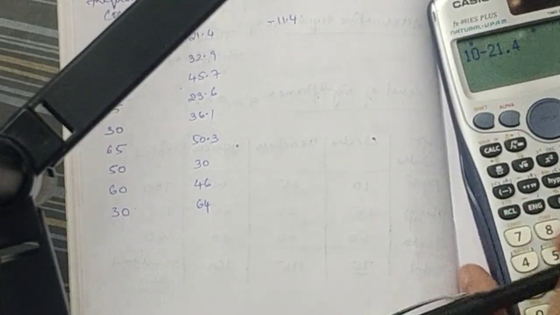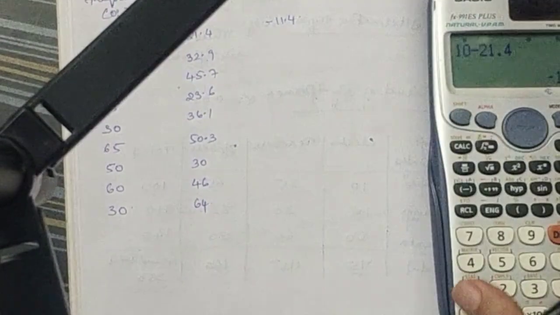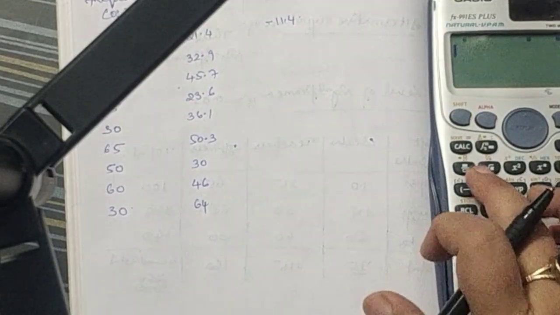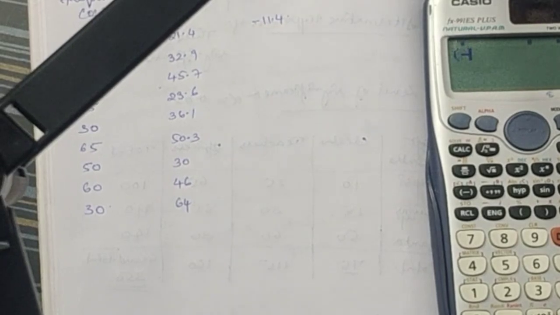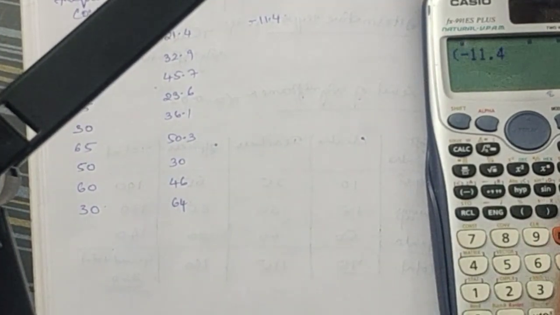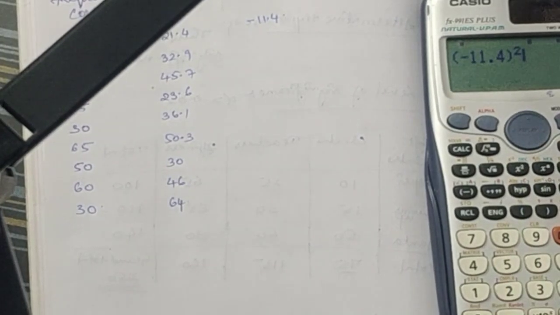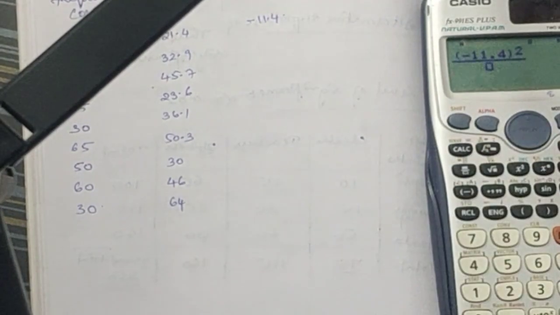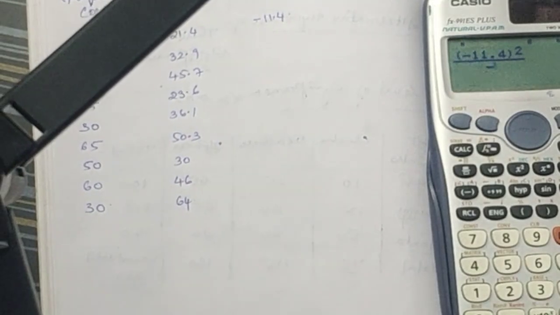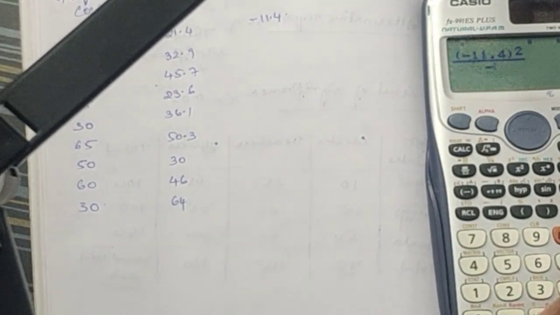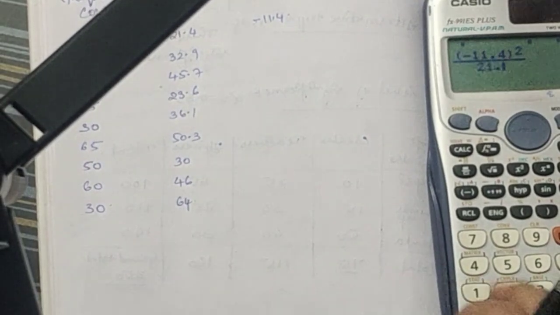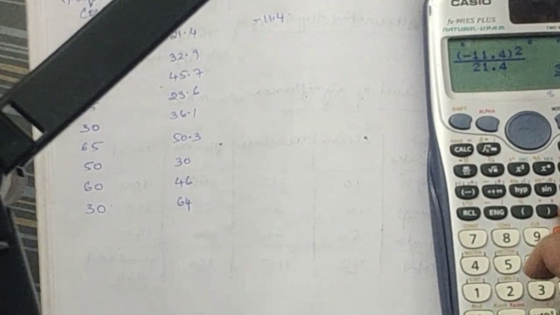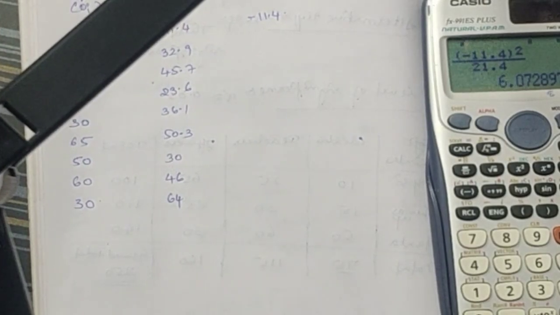In the same way, if you are going to calculate simultaneously, you do that one also. What you are going to get, minus 11.4 of whole square divided by 21.4, that is equal to how much, 6.072.